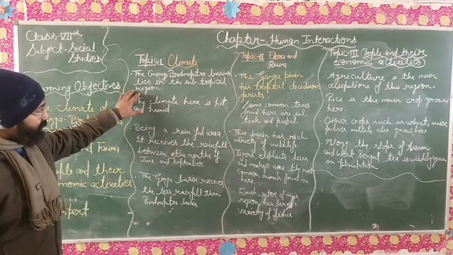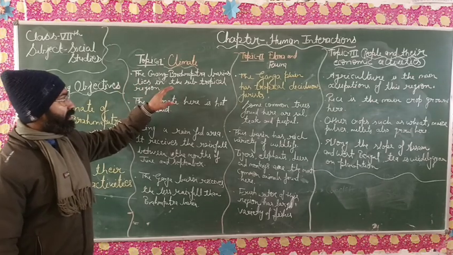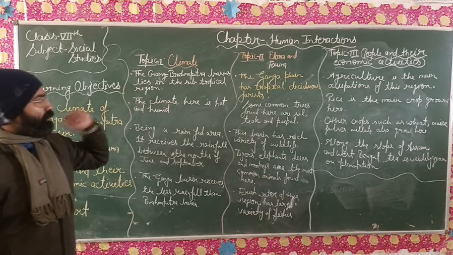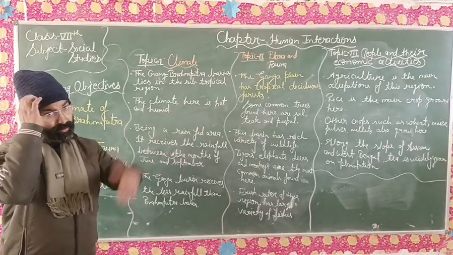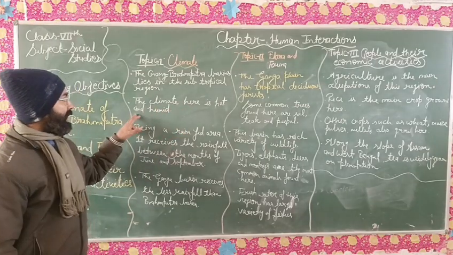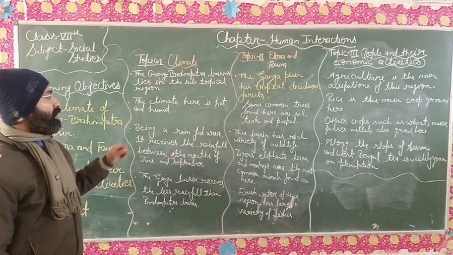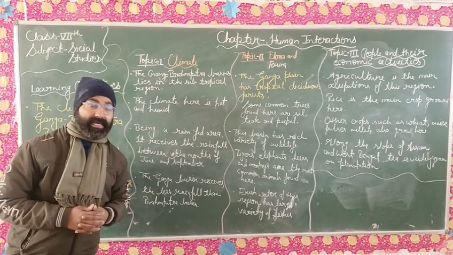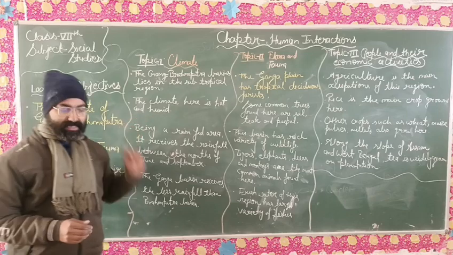So the Ganga Brahmaputra basin lies in the subtropical region. It's near to the Tropic of Cancer. That's why the climate here is hot and humid. Listen, the climate is hot and humid in summer.